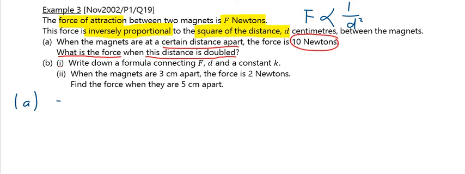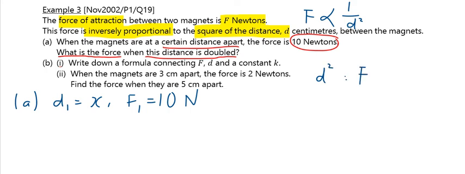Let's say I consider the certain distance at the first one will be x centimeters apart. So the first force that I have is 10 Newton. So here I will use a proportional ratio, d squared and then f. Don't forget that d is squared in your value over here, so that's why I put square.